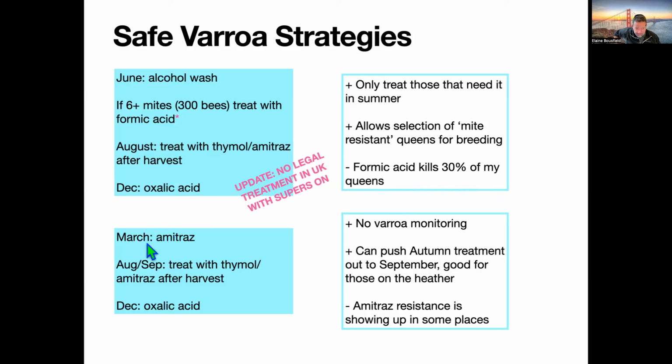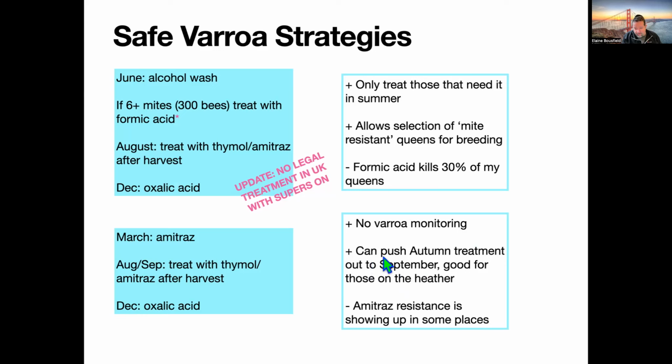The idea here is an early spring treatment with amitraz, and then an autumn treatment, and then a winter treatment. Plus points, you don't even need to monitor for Varroa in those cases, because you're zapping them throughout the year.